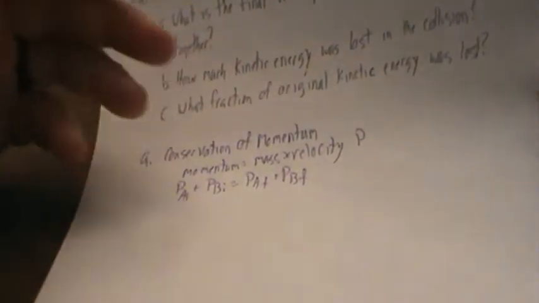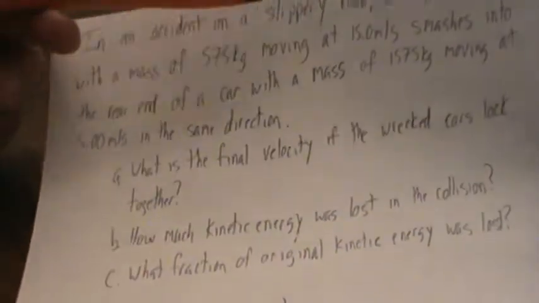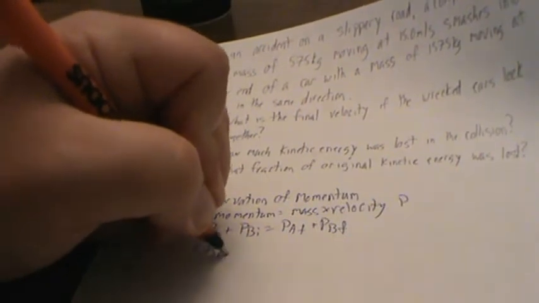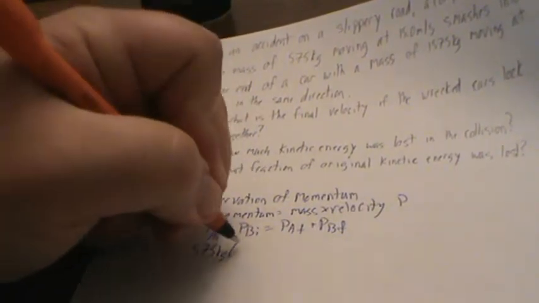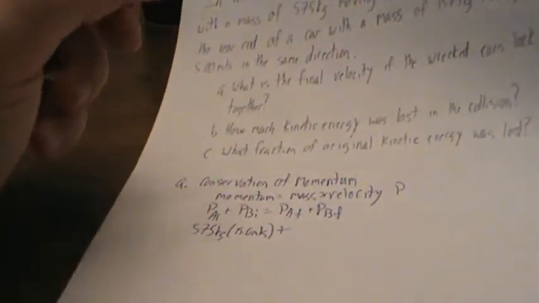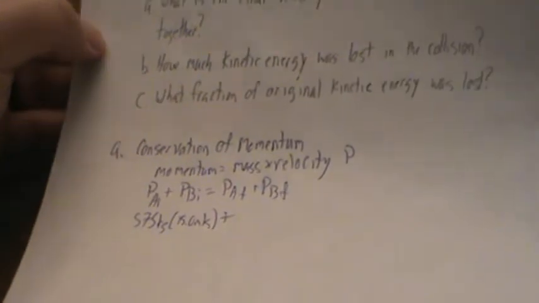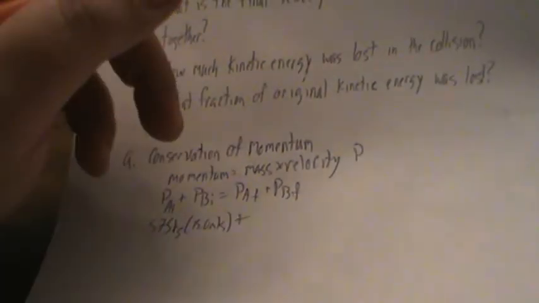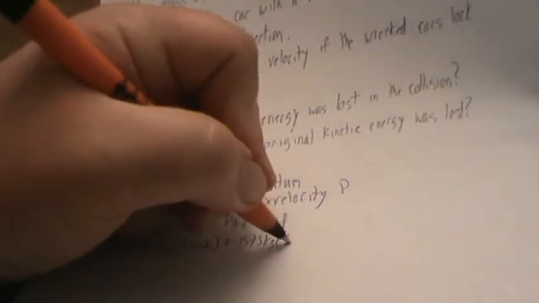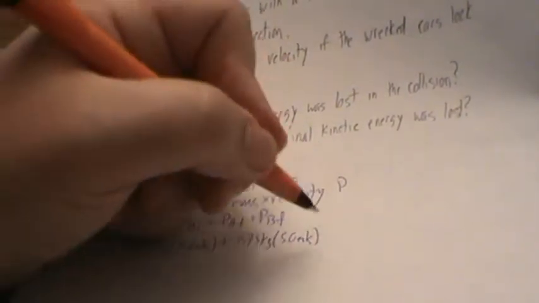So let's put our information into here. Car A is our compact car that has the mass of 575 kilograms and is moving at a velocity of 15 meters per second. Car B, that's the 1575 kilogram one, and its velocity is 5 meters per second.